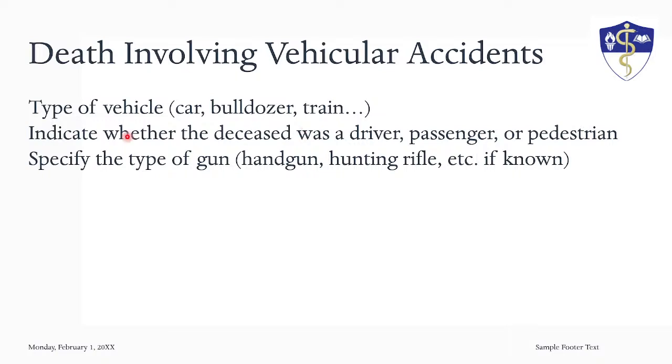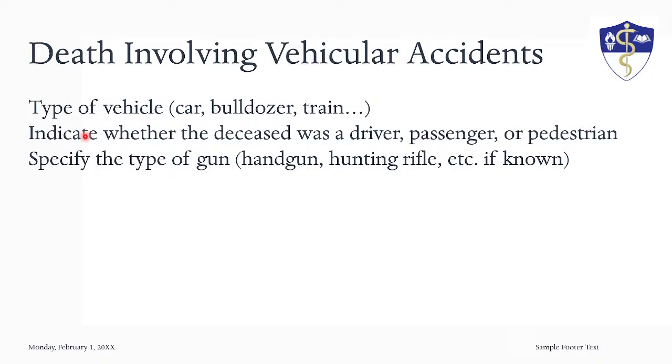So type of vehicle. When it's a vehicular accident, you place the type of vehicle. Is it a truck? A bulldozer? Was it a train? Because if it happens too often, it becomes statistically significant. Is it a motorcycle?